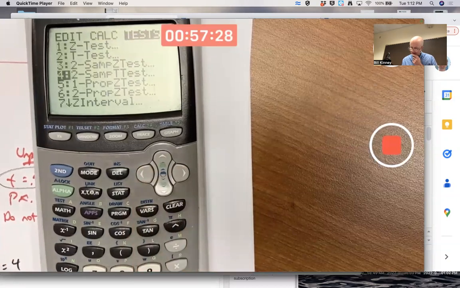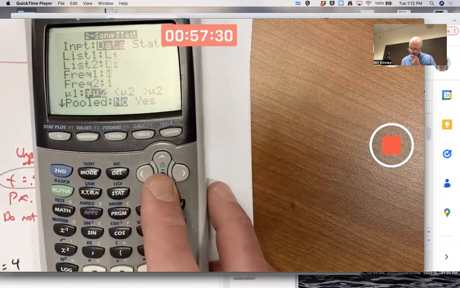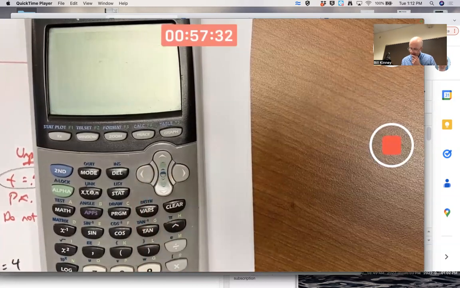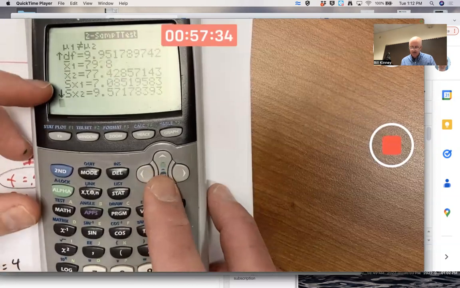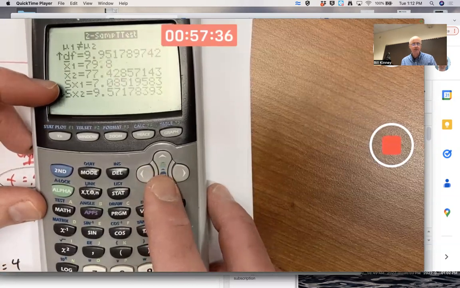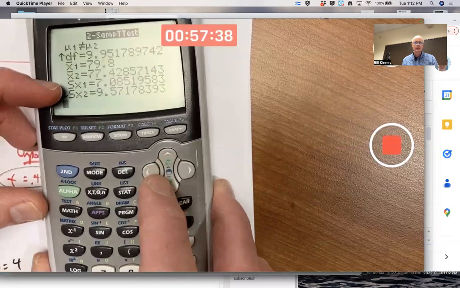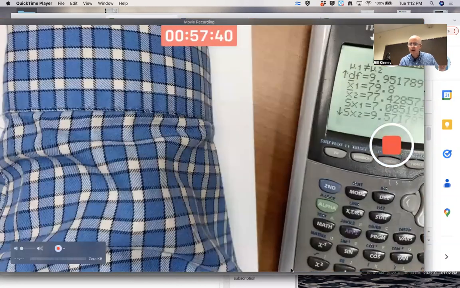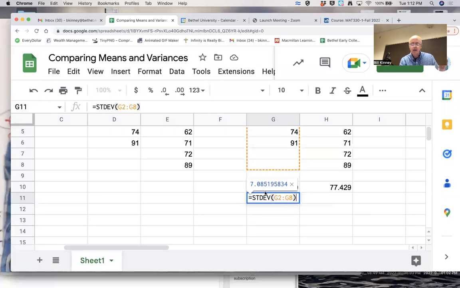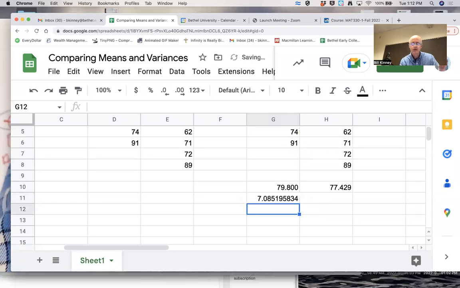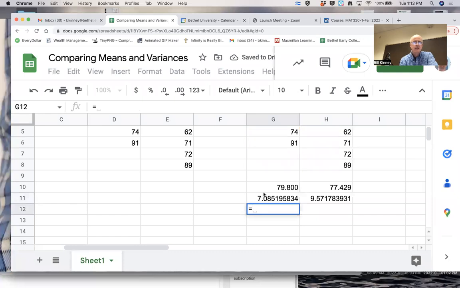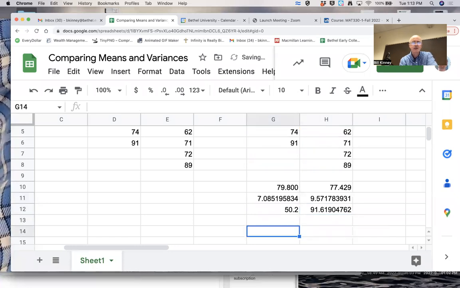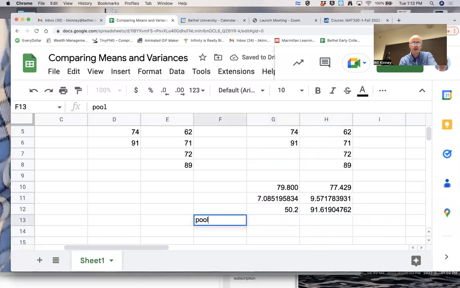Let's look at the t-test here. Yep, 7.085. You've got to square those if you want to see what the variances are. And then we could also see what the pooled variance is.